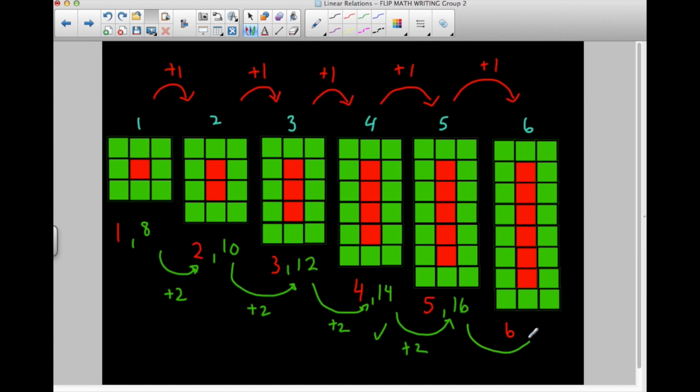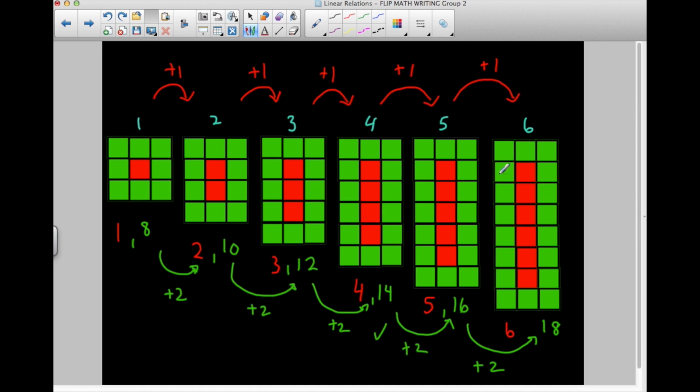So let's apply it again to figure out our last number of green blocks. 16 plus 2 is 18. And so we should have 18 blocks in our last shape in this sequence. Counting: 18. Wow, are you starting to see a pattern here?